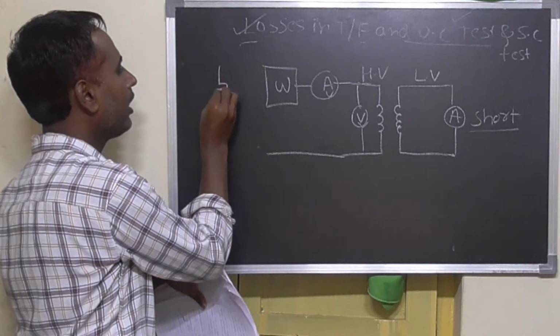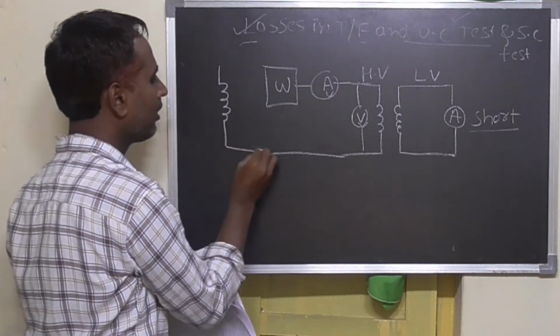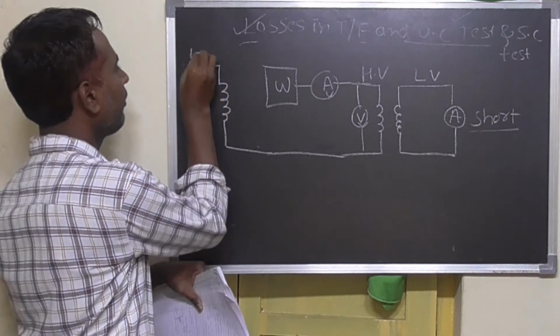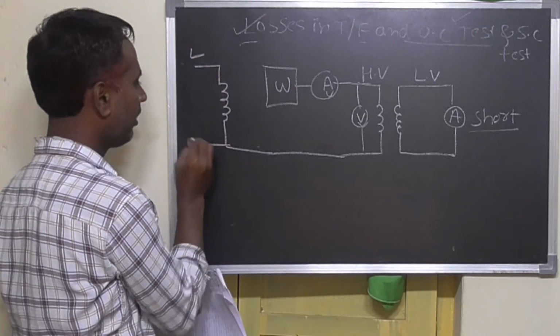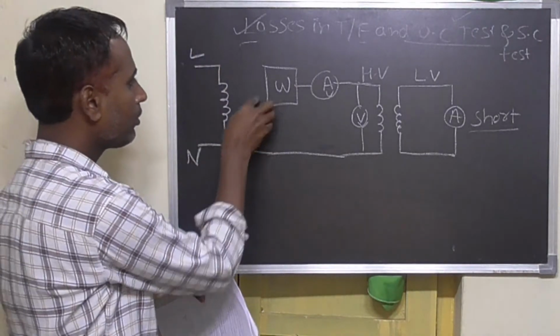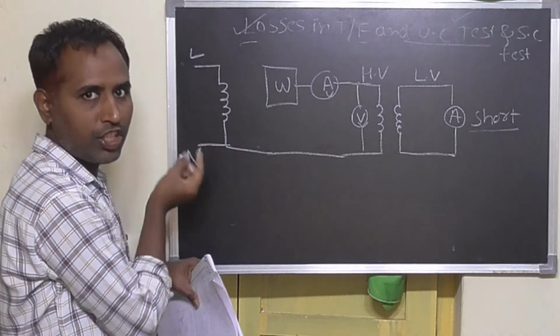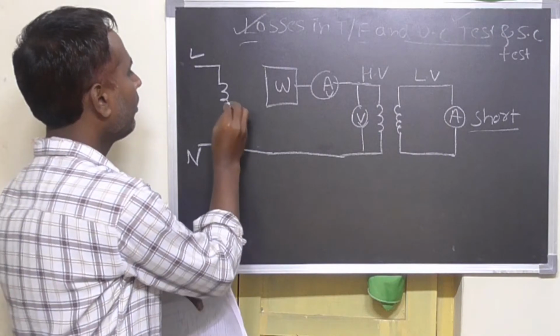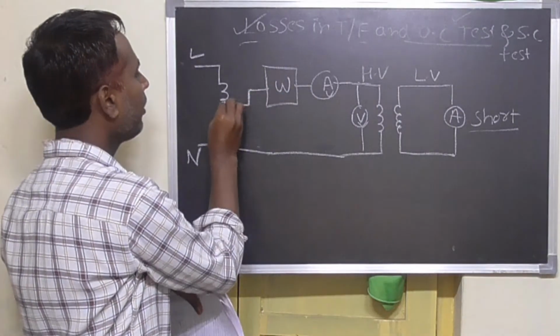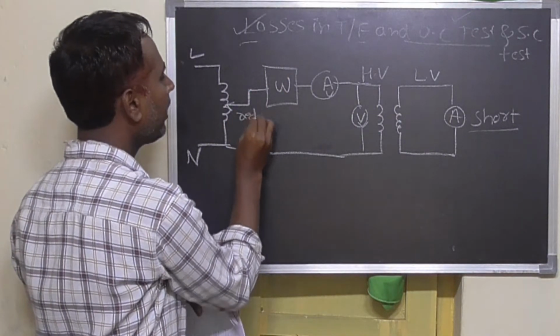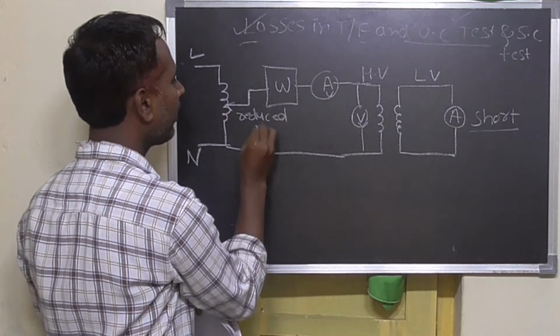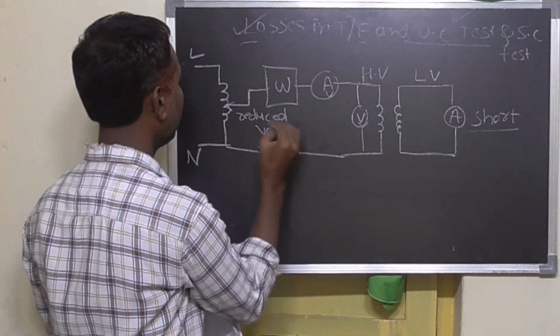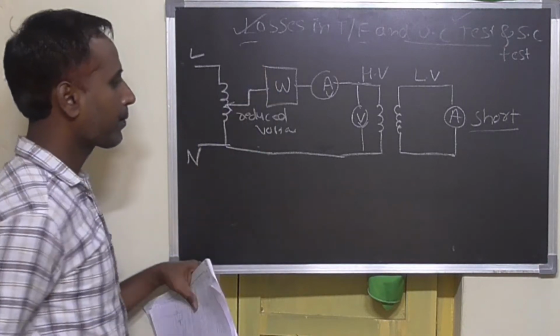One more twist is there. I am taking here, this is phase and this is neutral. To reduce the voltage, I have taken the rheostat. Rheostat is used to reduce the voltage. Here this is the reduced voltage. Okay friends, this is phase.